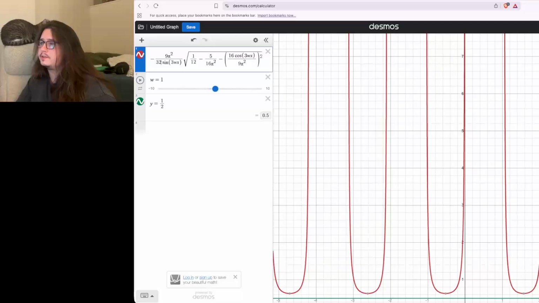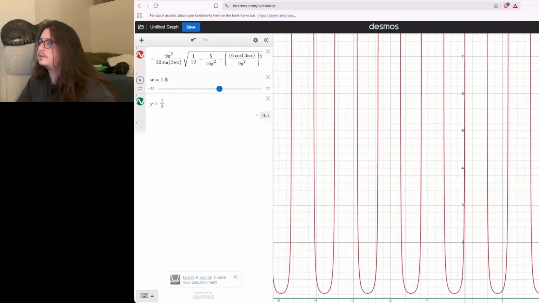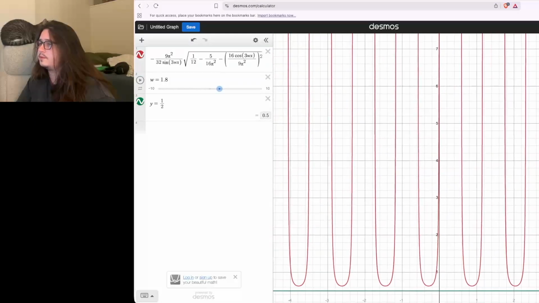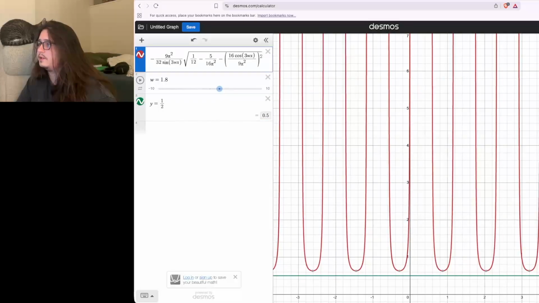If I increase it or decrease it, all it does is widen or narrow the loops. But I also graphed y equals 1/2. And at every point along this line, it looks like our quantity is greater than 1/2, which means the uncertainty principle for energy and time is true.